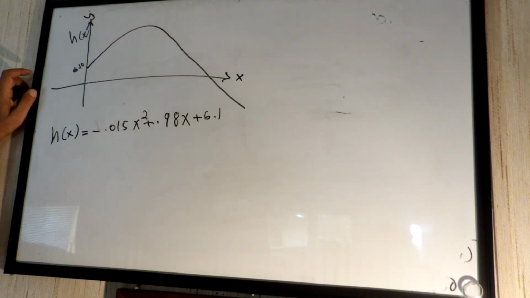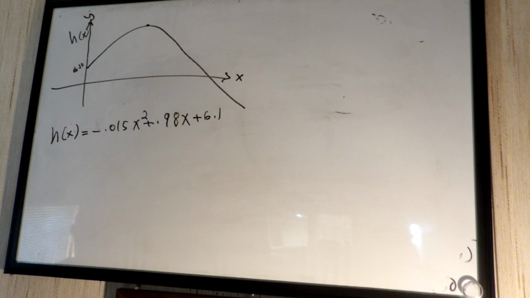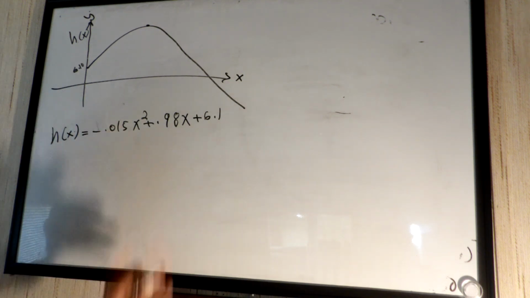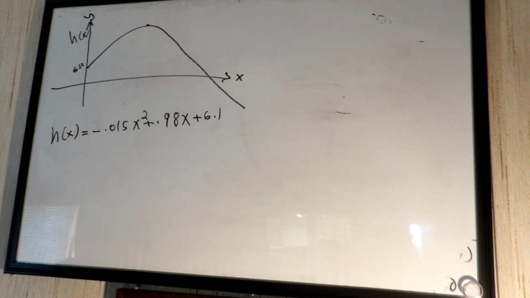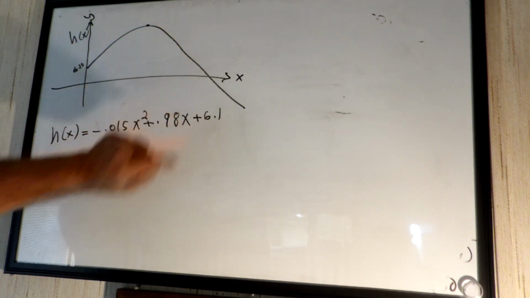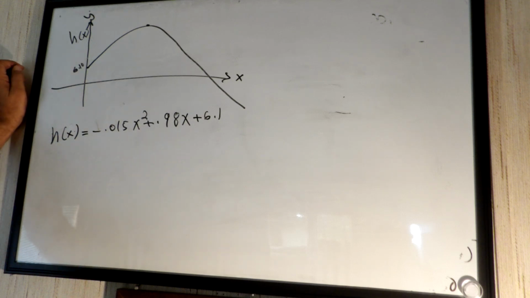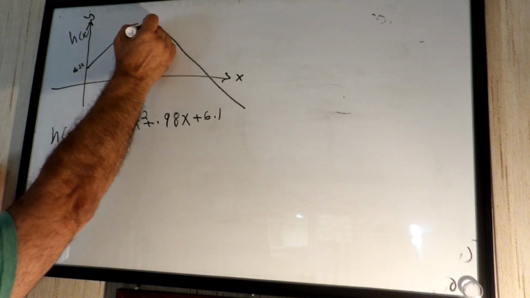First of all, find the top point here. How do we find it? We learned that in a quadratic equation, the curve is downward, and it has a maximum point.